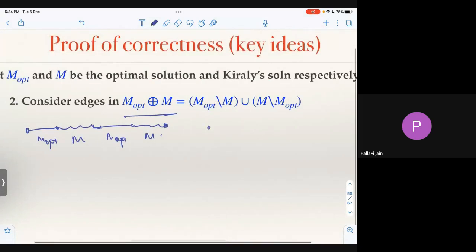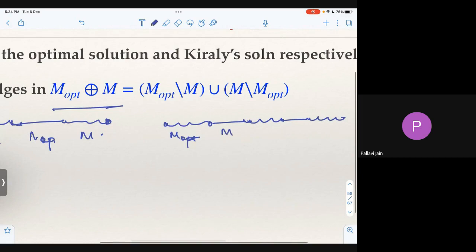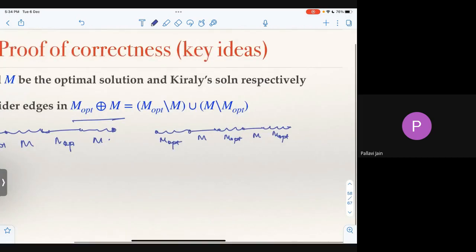Now, if I have an alternating path that starts with M opt and also ends with M opt, then what can I say? Size-wise, what can I say? Right. So this is what I would call an M augmenting path.